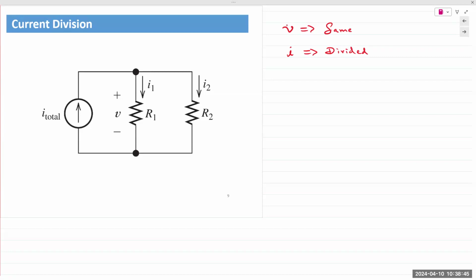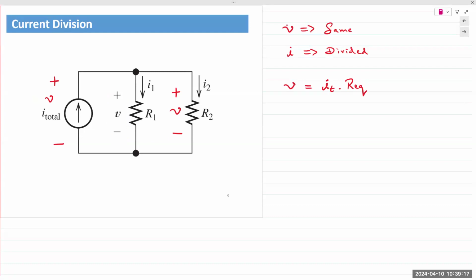So voltage remains the same. I will refer to it as VT. Actually, you know what? It's already given as V. The same voltage V appears across all 3 components, right? And then voltage V would be given by I total times REQ, right?